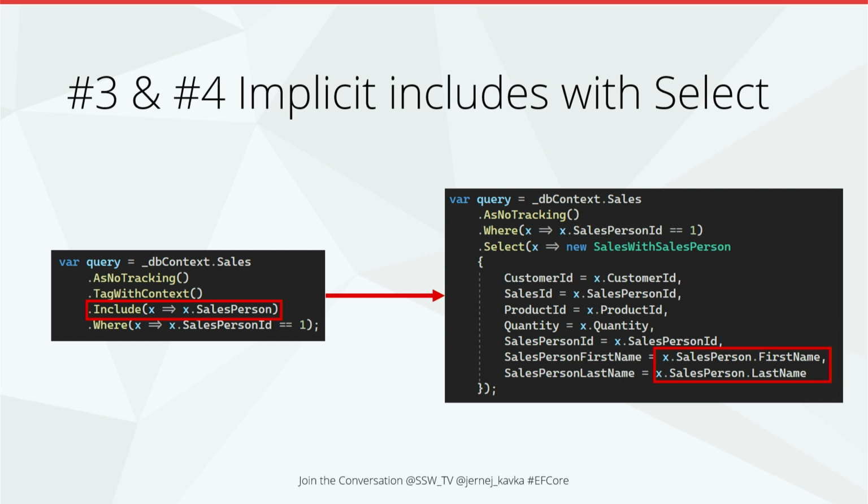One of the most common problems that I have seen is somebody in a repository made a query that includes everything under the sun, and then returned that IQueryable, and you're like, I just want this small slice of data, but because they used .include, it actually dragged the entire database with it, even though we didn't even use that data.